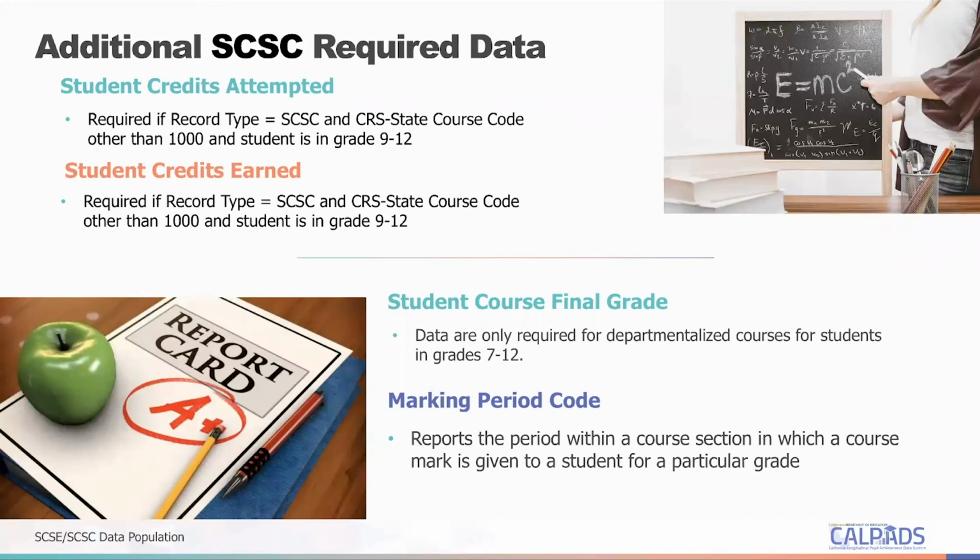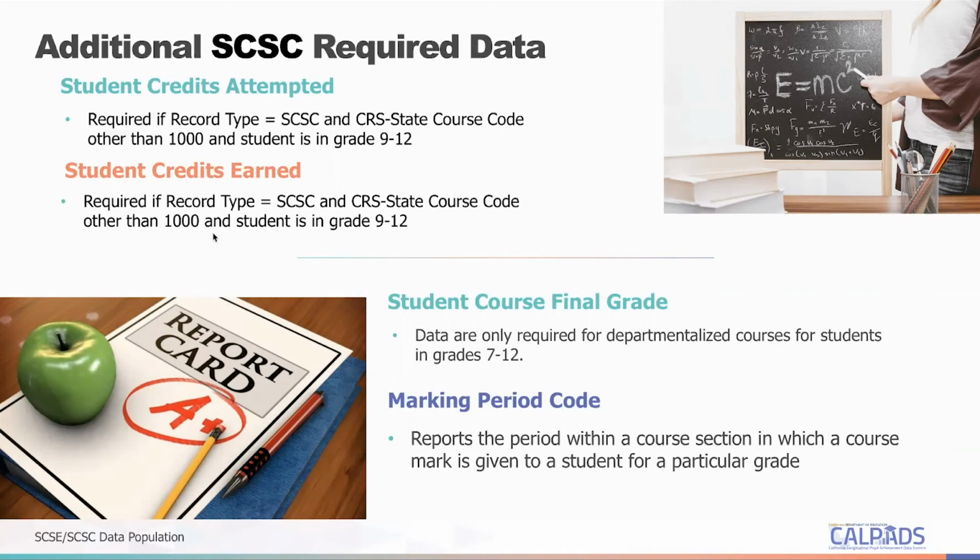So here are some additional fields. The student credits attempted is a count of the credits, Carnegie units attempted by a student for a specific course section. And it is required if record type is a SCSC or student course section completion, and the state course code is other than 1000 and it is in grade 9 through 12.